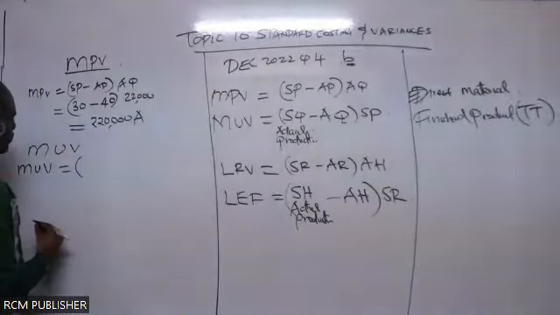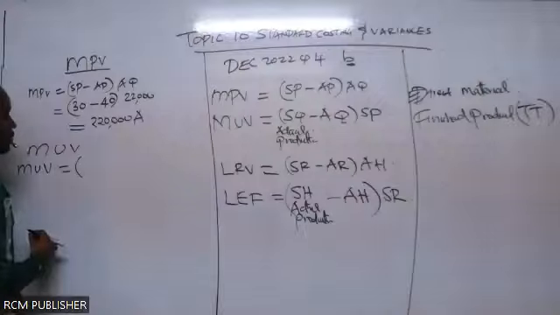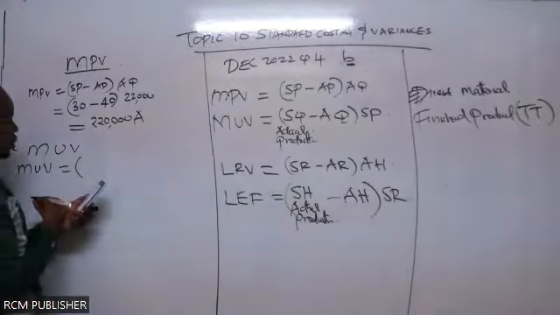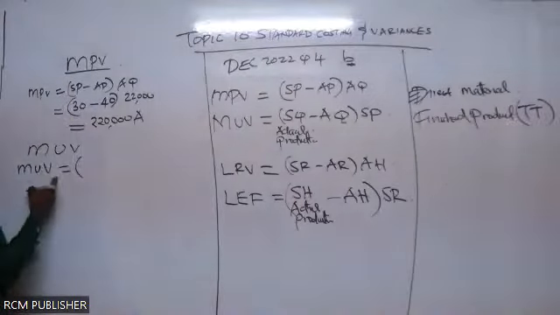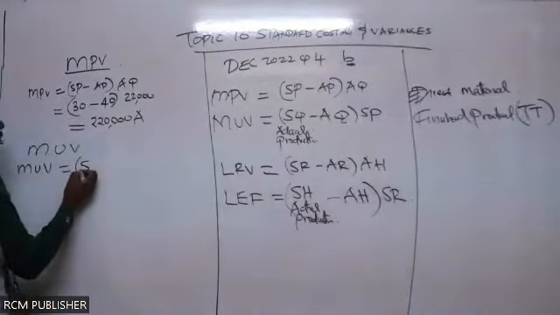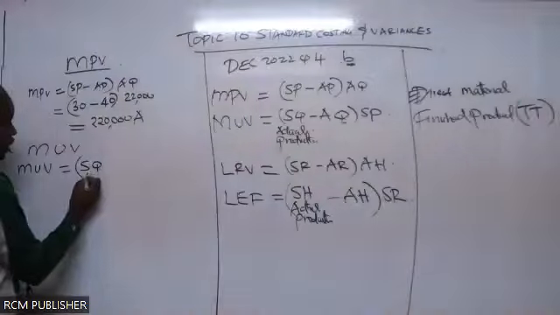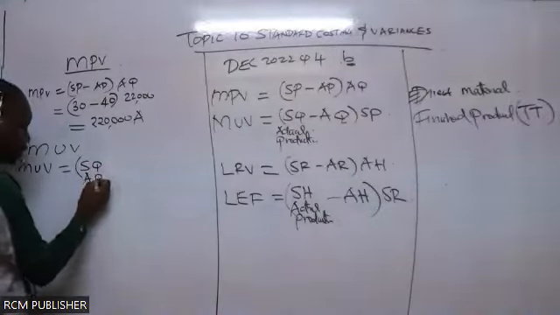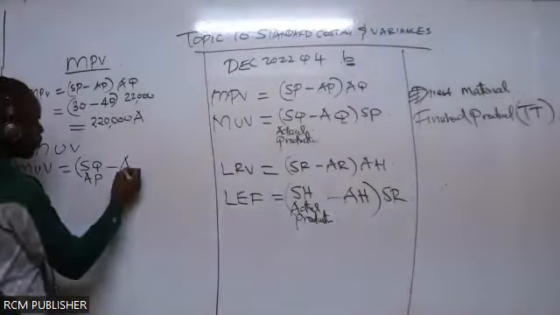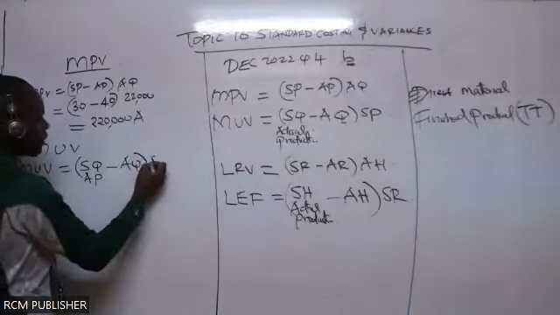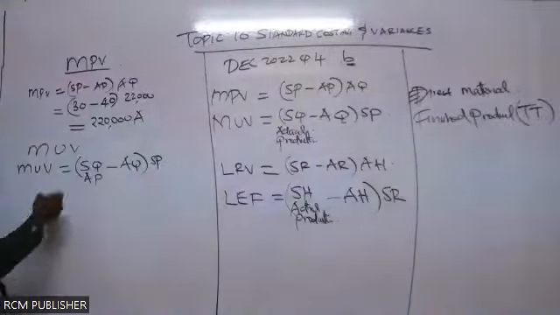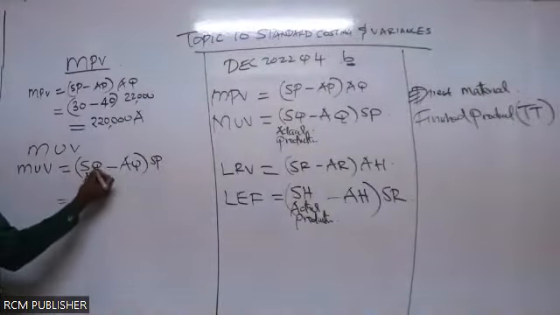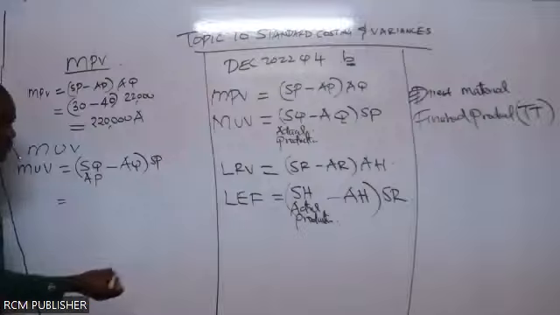So here, material usage variance is the standard quantity in actual production minus actual quantity, then you multiply by the standard price. Now, are we able to get the standard quantity in actual production?